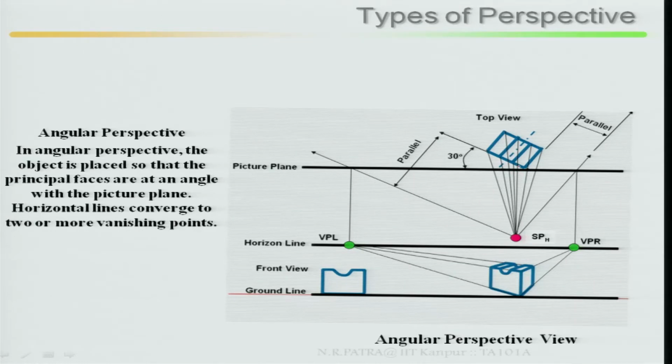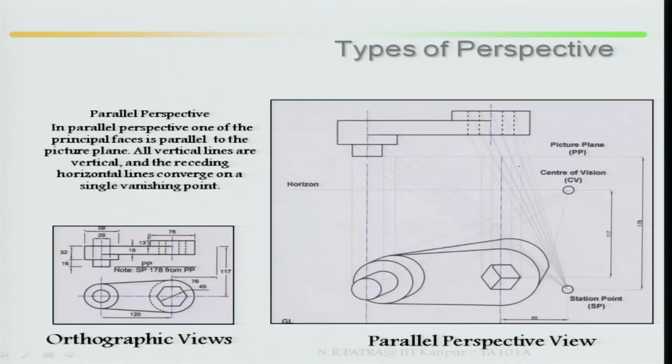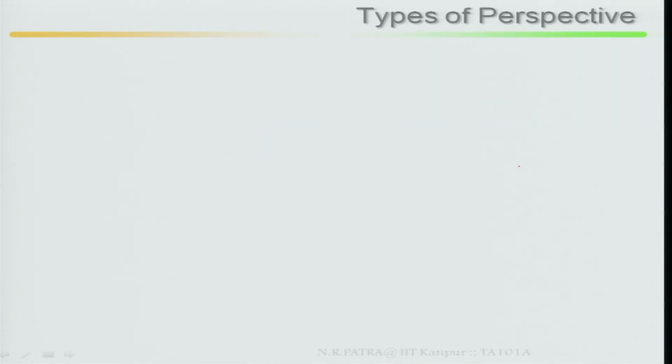If you look here, it has been made at an angle with both faces, the left as well as the right-hand face. So, in this case you are supposed to get two vanishing points, left vanishing point and right vanishing point. If you come to parallel perspective, in this case you will get only one vanishing point. So, this is the basic difference.